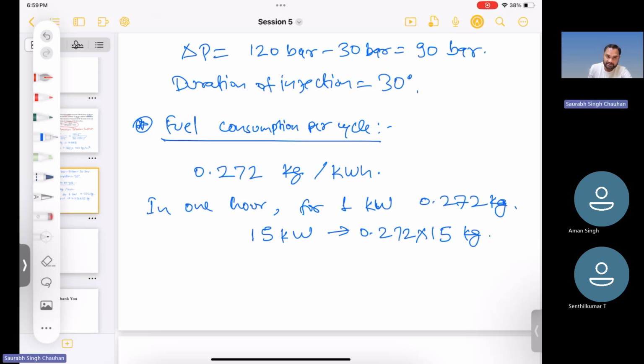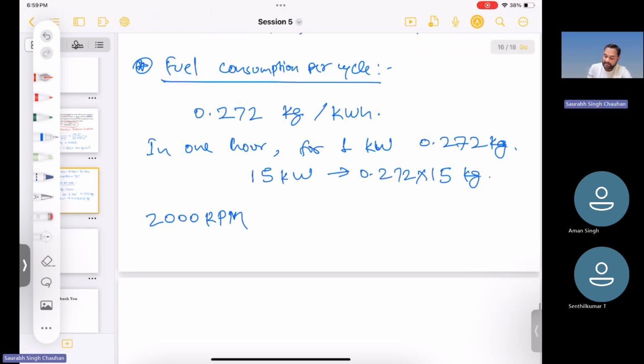And engine speed is given. How much engine speed is given? 2000 revolutions per minute. And it is a four stroke engine, and we know that in four stroke engines, for one cycle there should be two revolutions. In two revolutions, one cycle is completed.